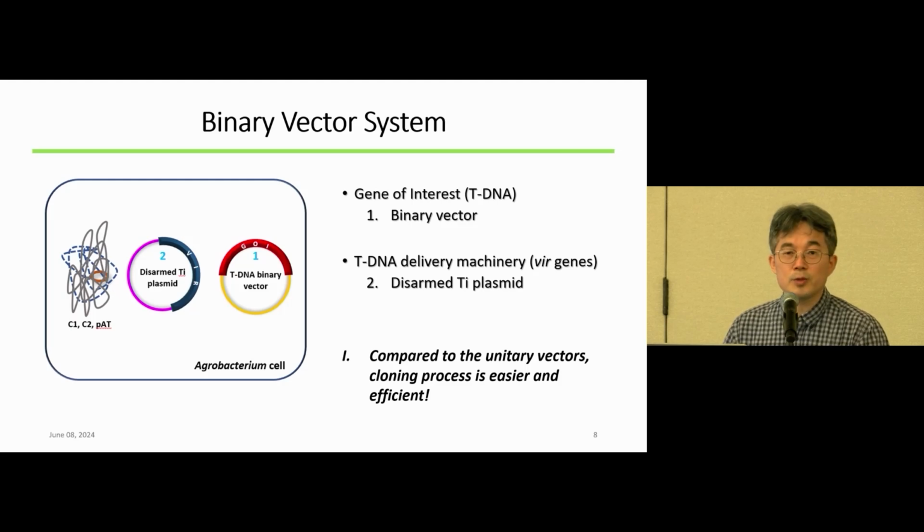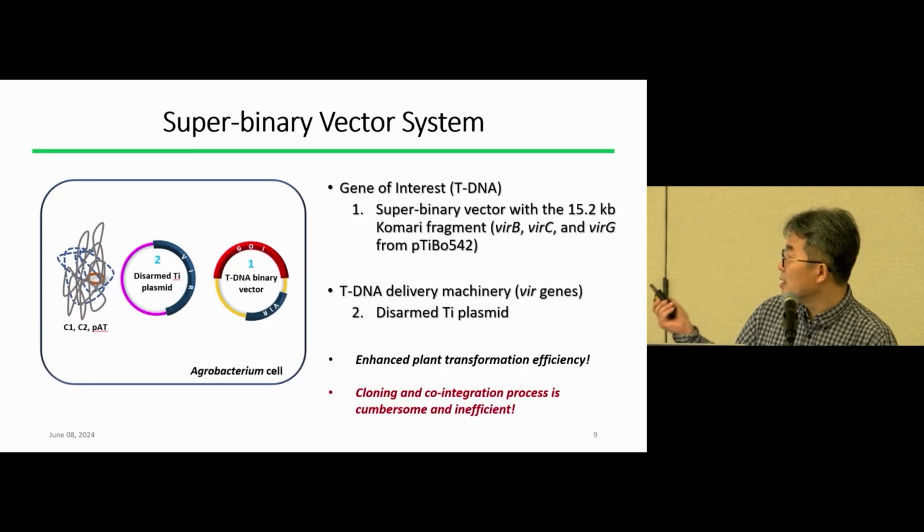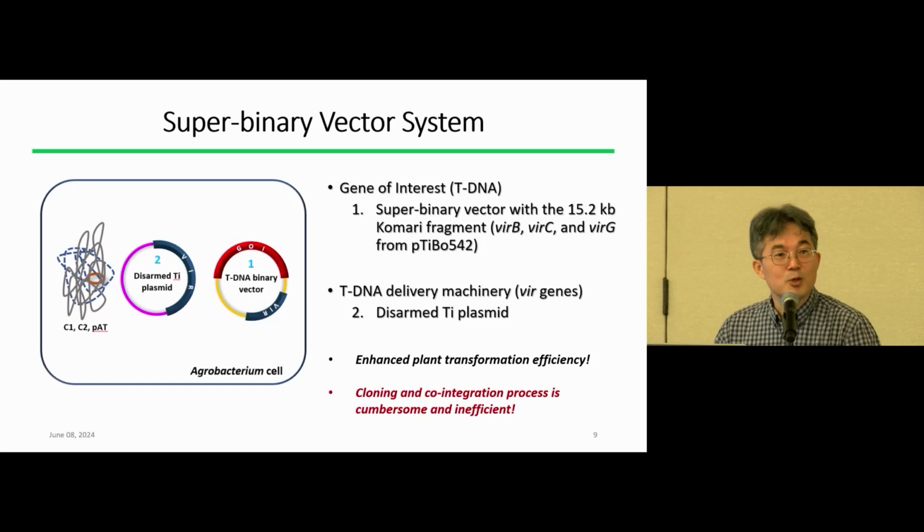Instead, you had to clone your gene of interest into the co-integration vector, introduce it into Agro, wait for the recombination, and then check whether your construct was made or not. It's really tedious, it takes a long time, and quality checking was not easy at the time, right? But it was much better than the original unitary vector system utilizing the disarmed Ti plasmid.